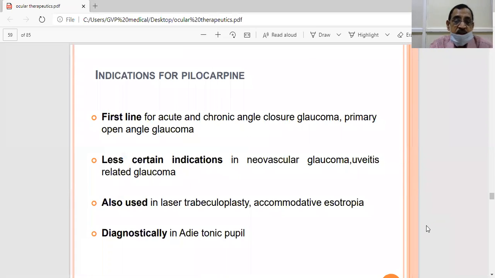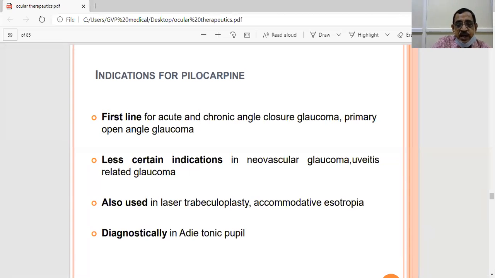Indications for pilocarpine: it is first line for acute and chronic angle closure glaucoma and primary open angle glaucoma. Previously we used it, and nowadays there are better drugs, so we are not using pilocarpine unless for certain indications: neovascular glaucoma, uveitis, and related glaucomas. Also, it's used in laser trabeculoplasty and accommodative esotropia.